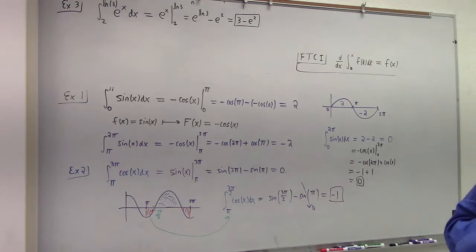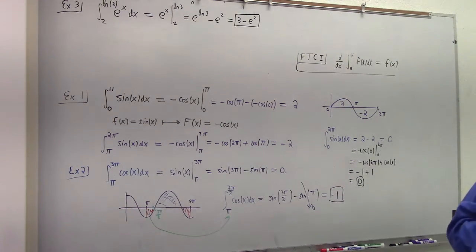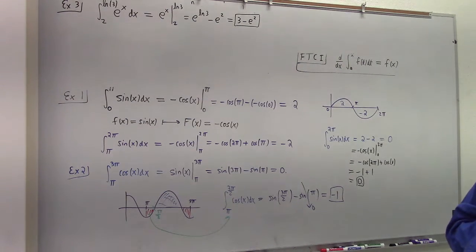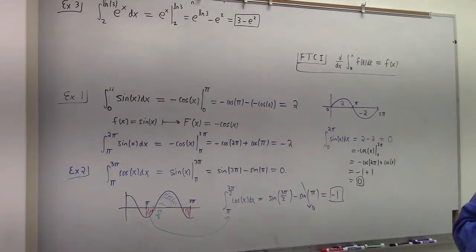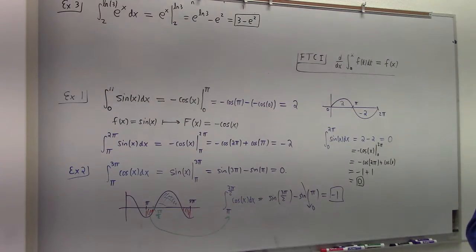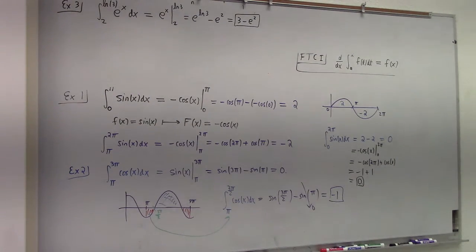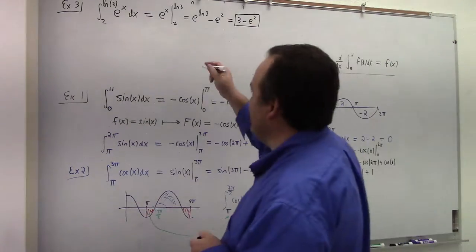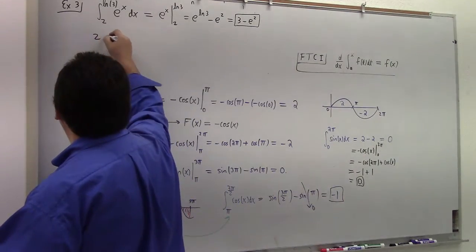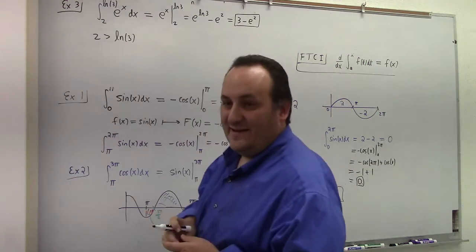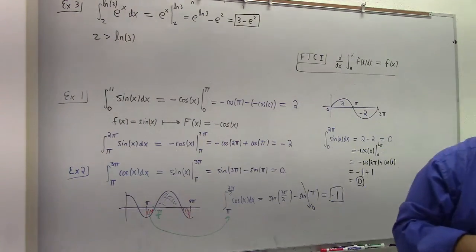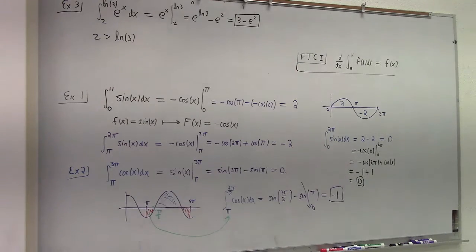Why is this answer less than 0 if the function we're integrating is positive? How'd that happen? You got me. It's because 2 is greater than the natural log of 3. So the bounds are out of order. It's not actually calculating the area. It's calculating minus the area, which is why we got a negative.